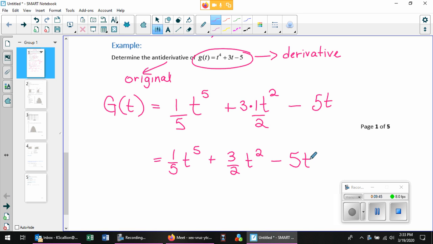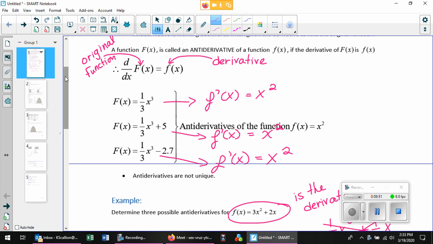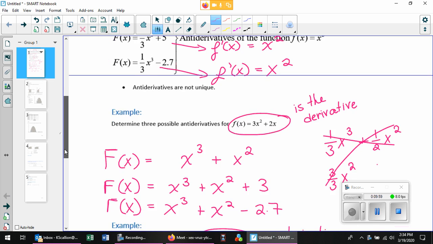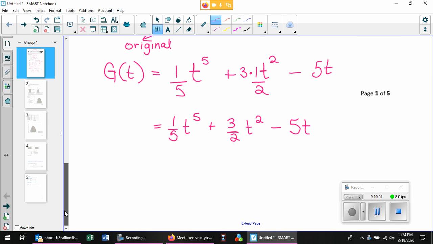But there's something that we've done. Going right back up to the top. What was the thing that we didn't know? The constant had no bearing on the original function, right? We don't know if it's there or not there. So what we do when we're doing the antiderivative is we say plus a constant, plus c.